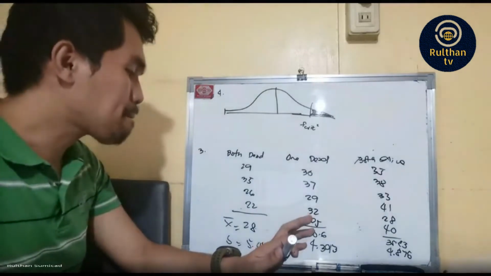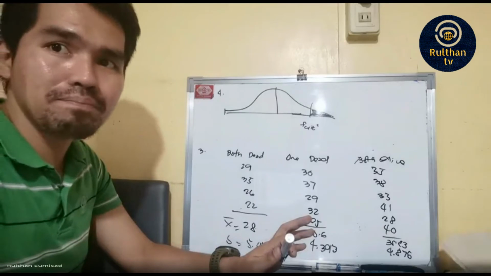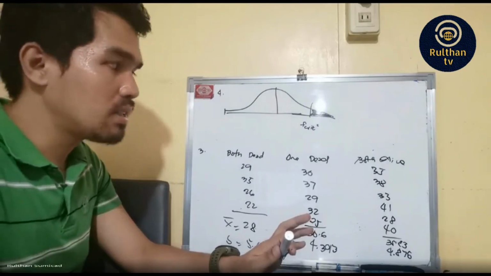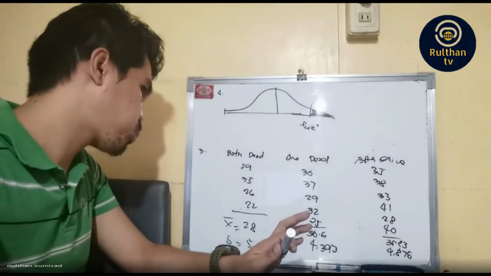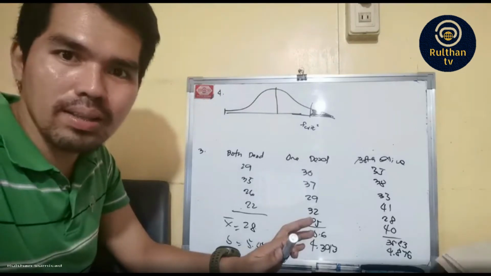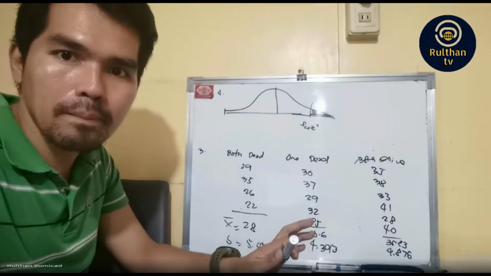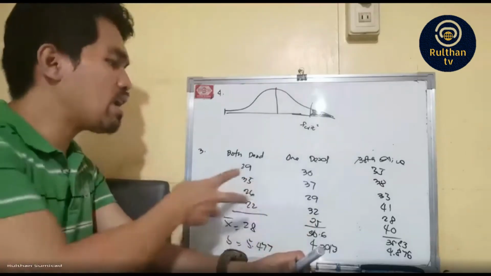But this time, what is our degree of freedom within? What is the degree of freedom within? It is what? 7. No. There are 4 here.